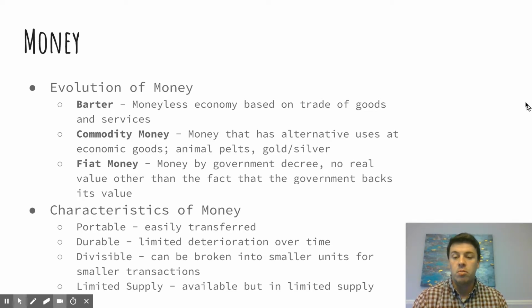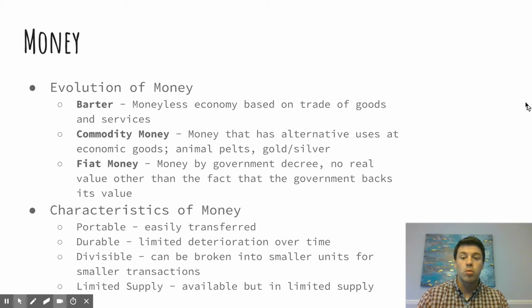So what does it take to be money? We look for four characteristics. It needs to be portable, so easily moved, and more importantly, easily transferred from one party to another. We need it to be reasonably durable, with limited deterioration over time so that it can be used over and over again. With our paper money, you might say, well, our paper money is not super durable. It is also decommissioned and then new money taken and put out into the economy occasionally.